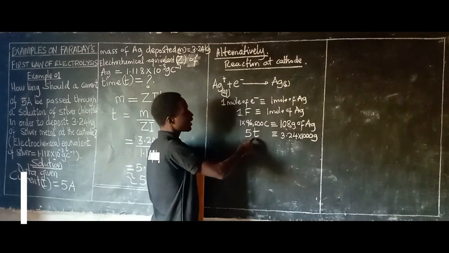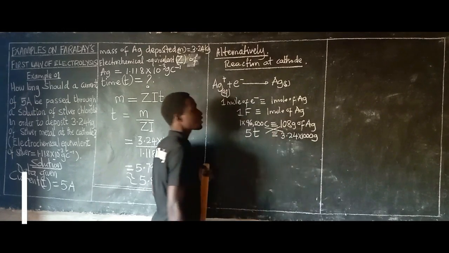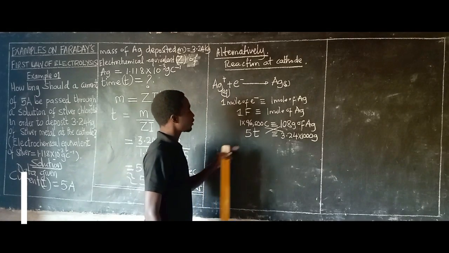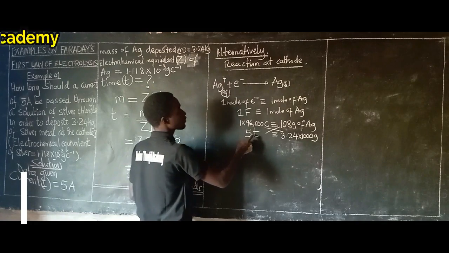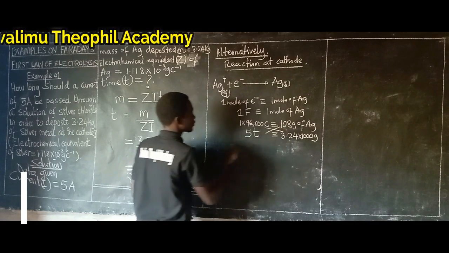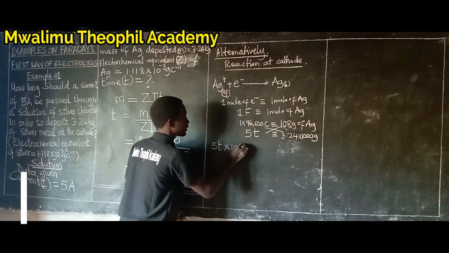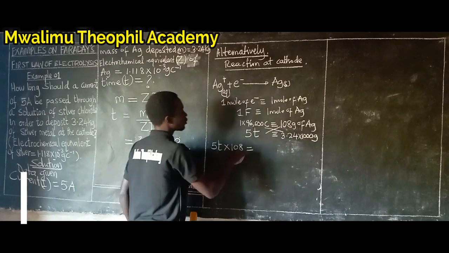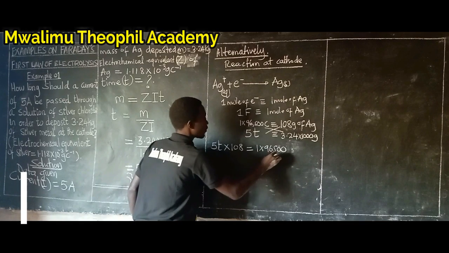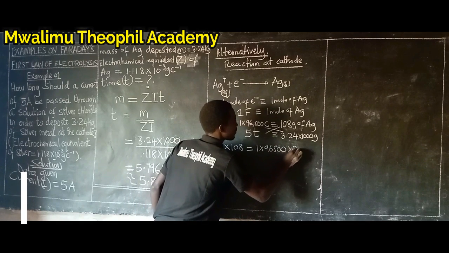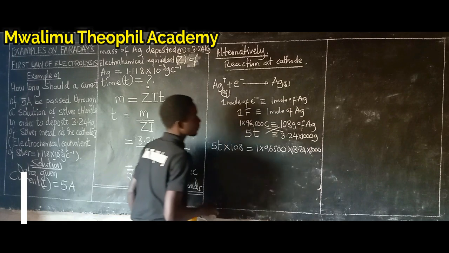To get t here, let us cross multiply. 5t will be multiplied with 108. So it will be 5t times 108, equal to 1 times 96,500 multiplied by 3.24 times 1000, as you see.